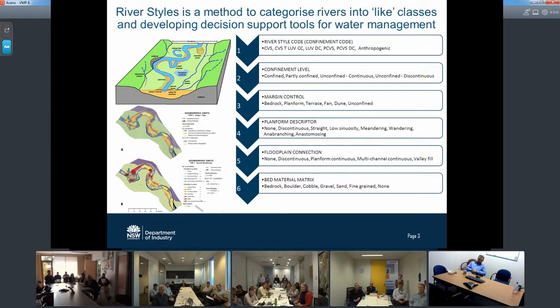River Styles are useful because the structure I've shown on the right-hand side shows that we start at catchment level, we can go down to reach level, and we go right down to individual hydraulic unit level, that is an individual pool, an individual rock bar or chute or tree stump or log.